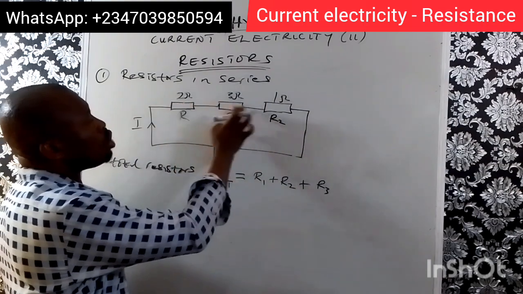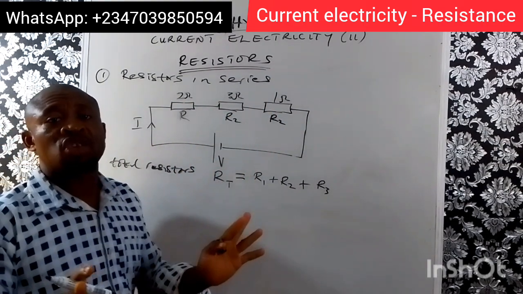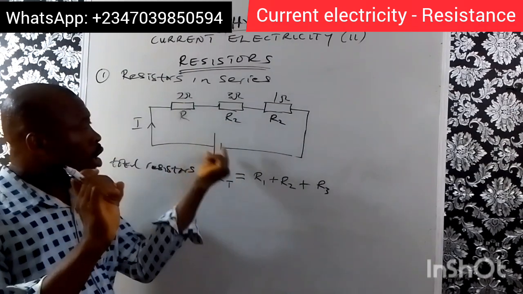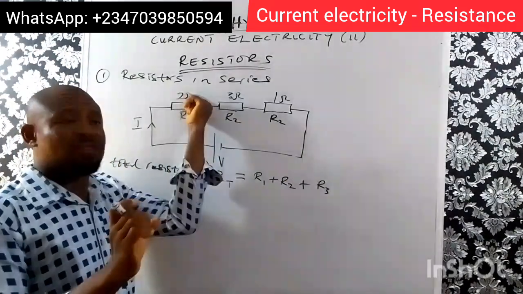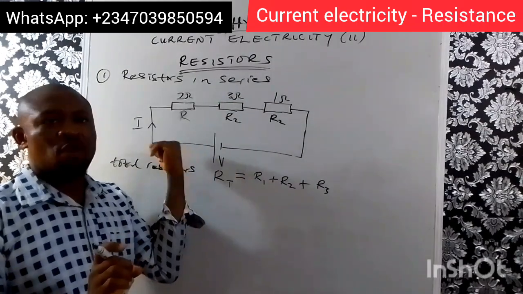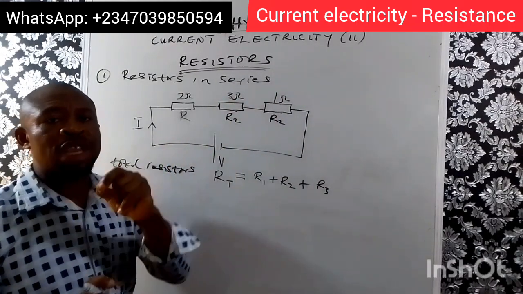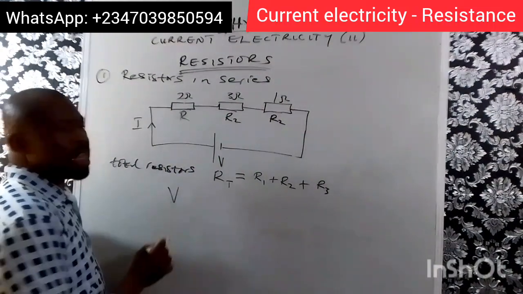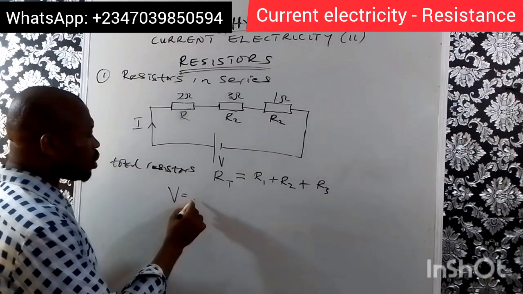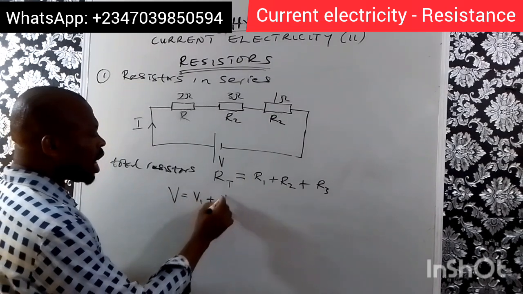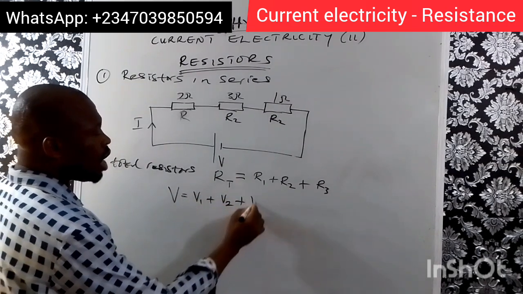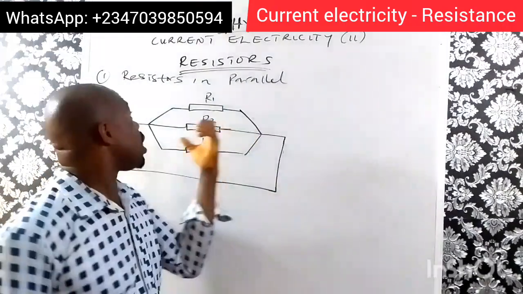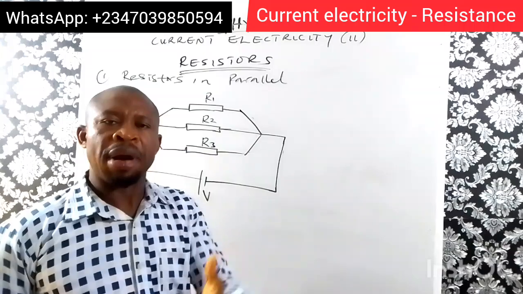Since R1, R2, R3 have different resistances, each one will draw a PD equivalent to its value. Therefore, the potential difference V is equal to V1 plus V2 plus V3.